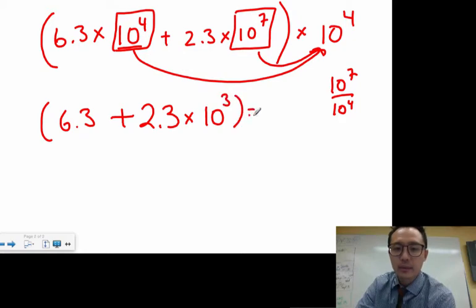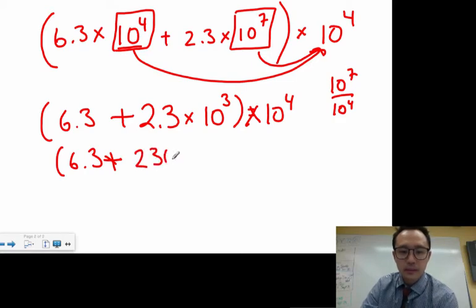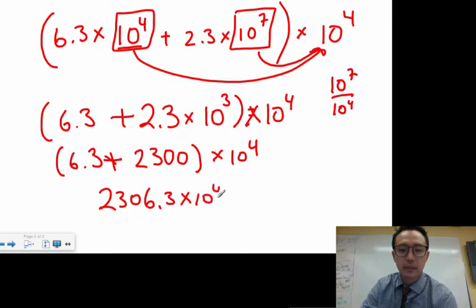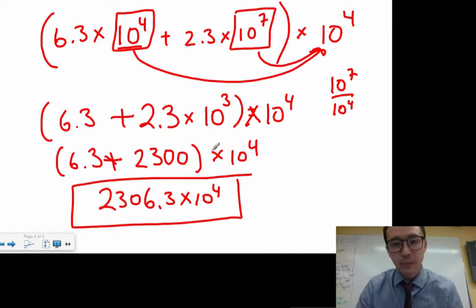We subtract the exponents, and don't forget the factor outside. Now it's a smaller exponent, so we go plus 2300. You notice it's a lot easier to do because our exponents are smaller. So this is 2300, and add these numbers together, times 10 to the 4. That's how you solve this problem.